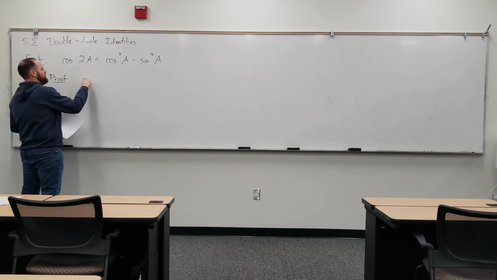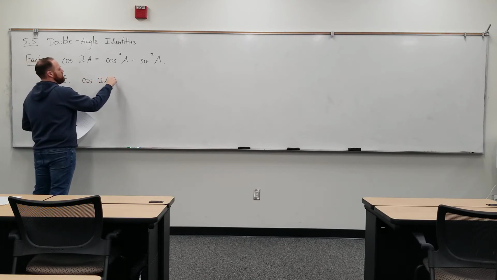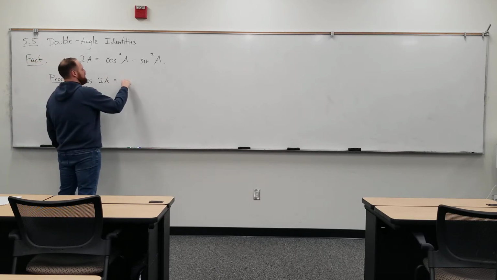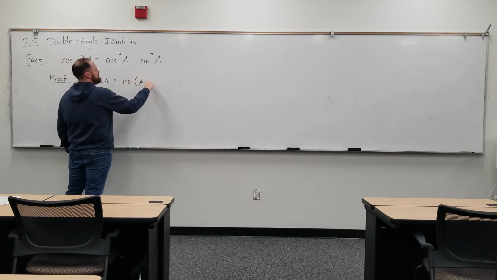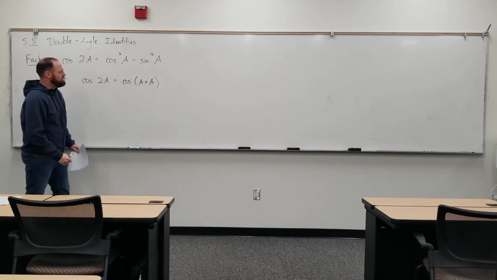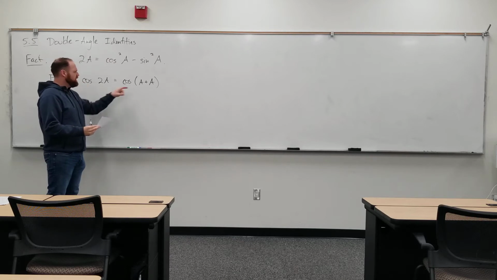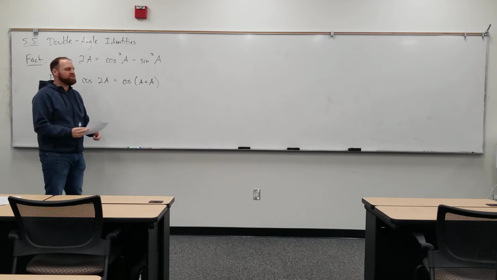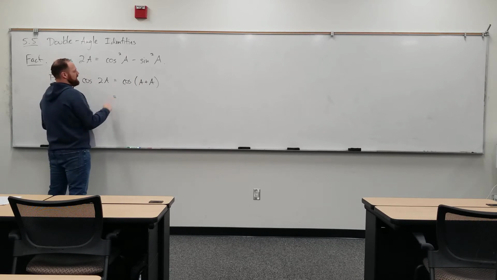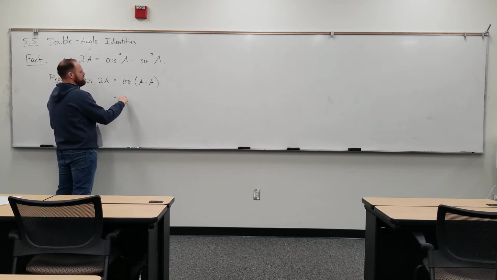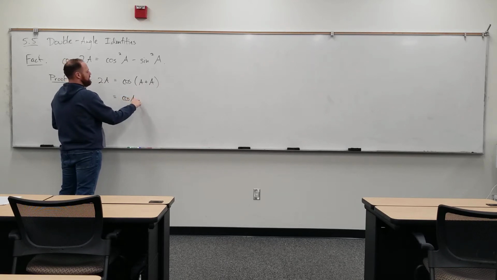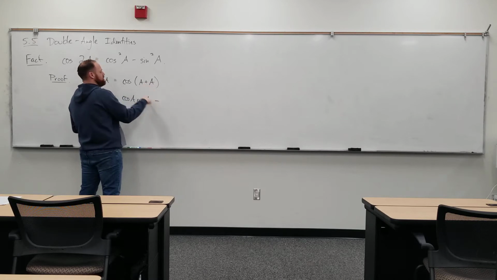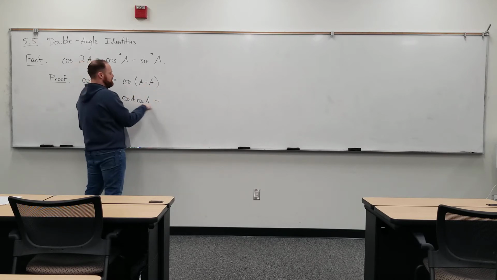Okay, so the way we prove it is we say, we've kind of seen this trick already, cosine 2a is cosine of a plus a. And then we can apply one of those sum identities for cosine, and we can say, well, cosine a plus a, that should just be cosine a cosine a, minus, because the sign changes when you're dealing with the cosine, right?